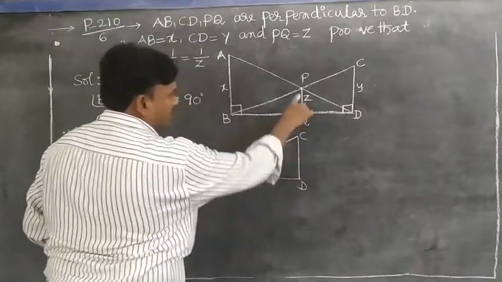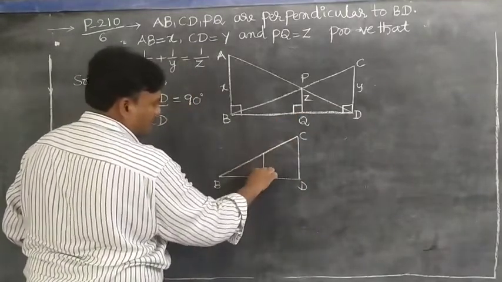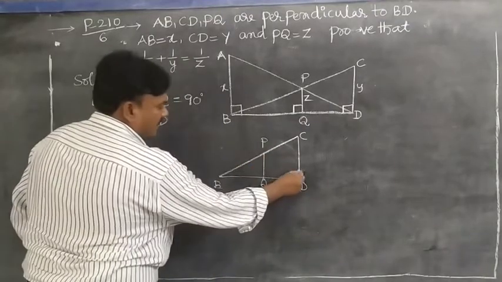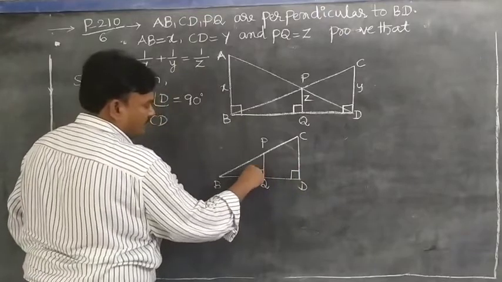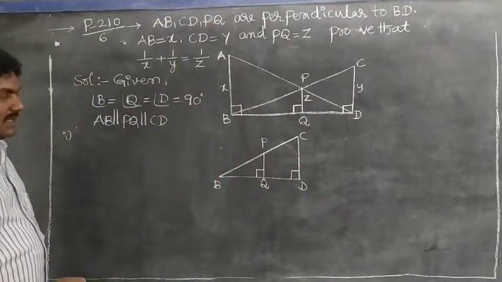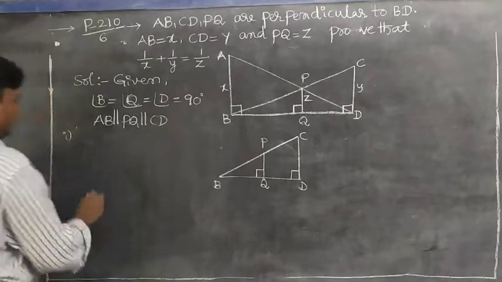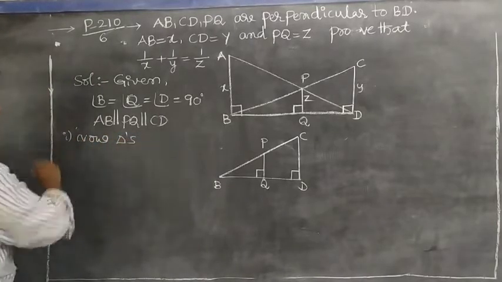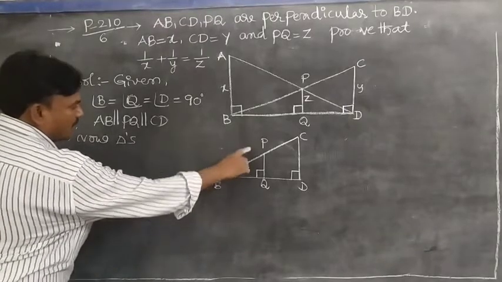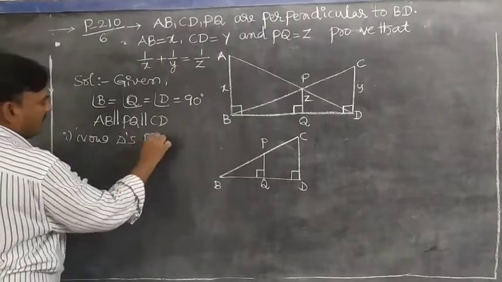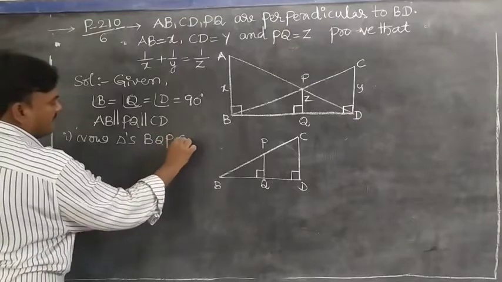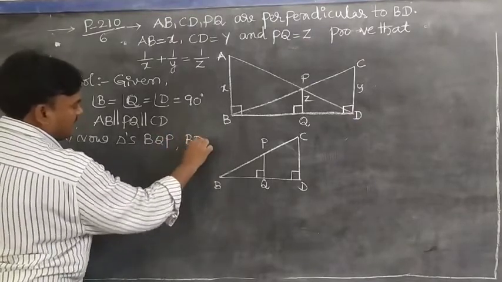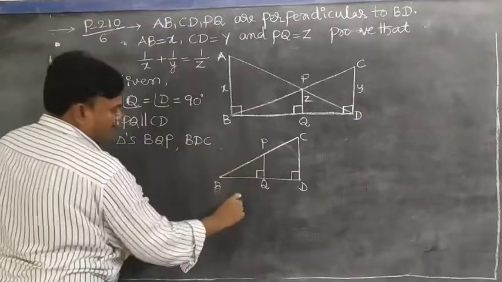And also observe PQ here, P and Q. Right angle D and also angle Q. Yes. So now triangles BQP and BDC, we have taken separately like this.